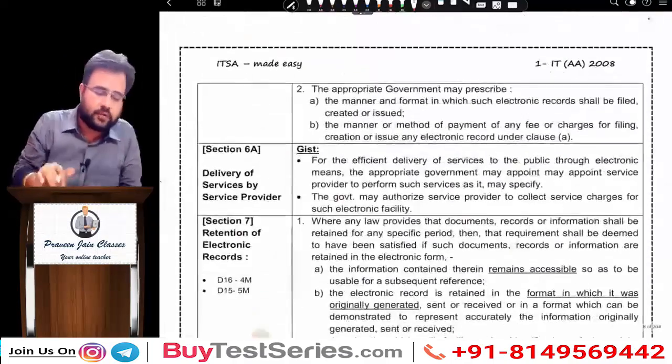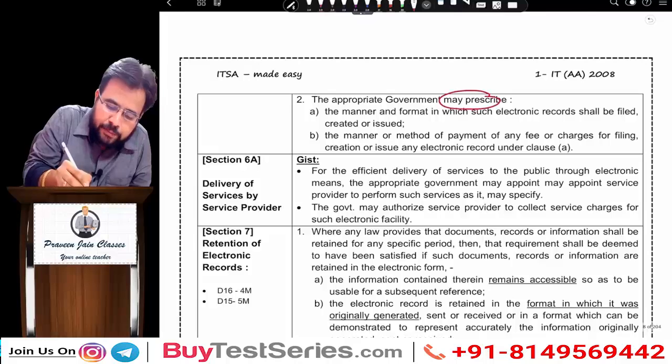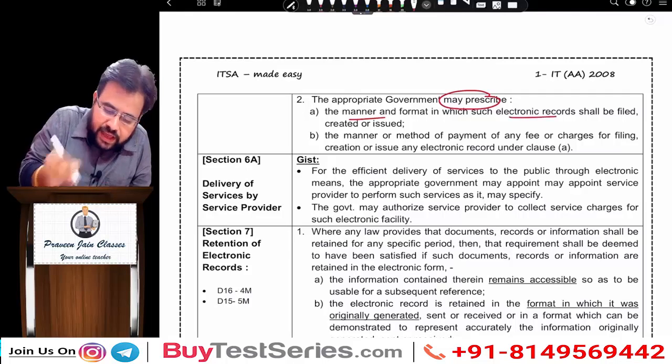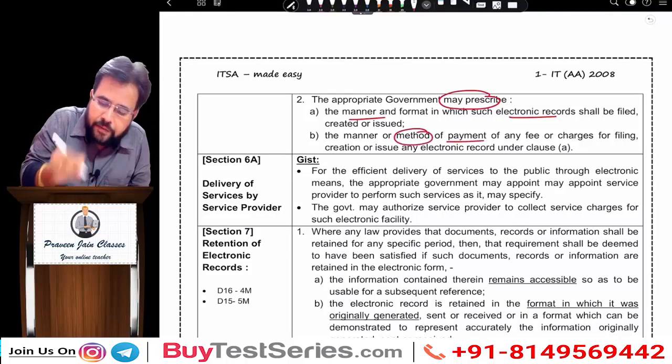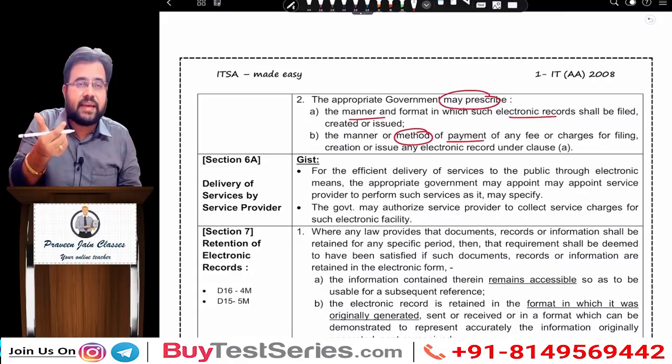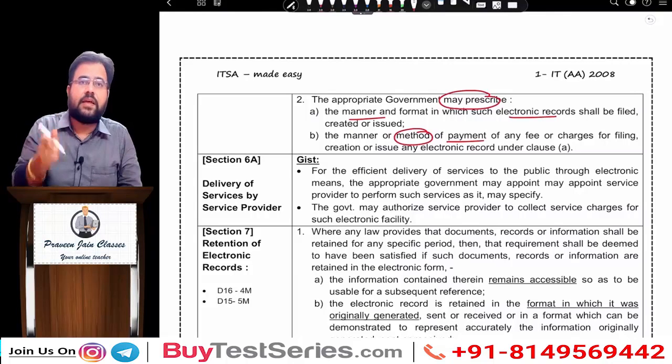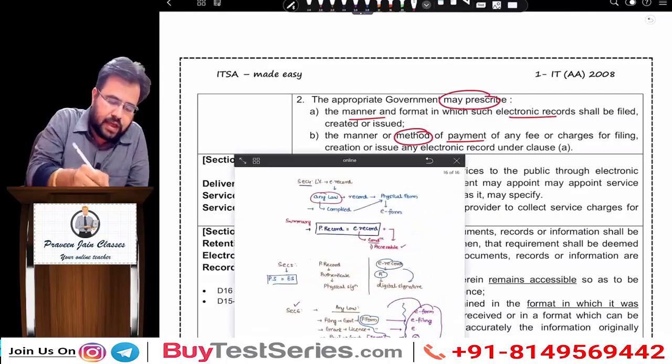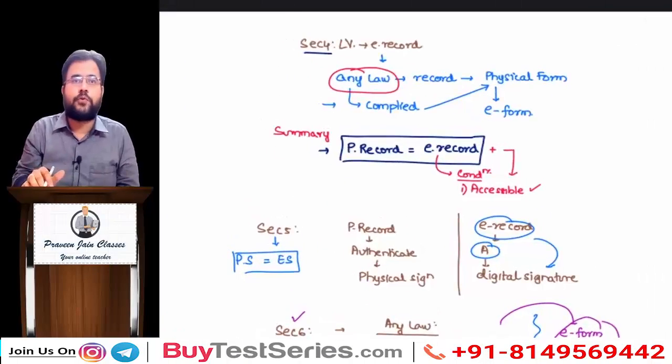Clear? And next you can see, sir, appropriate government will prescribe the manner of filing electronic record and method of payments. So filing कैसे करना, पैसा कैसे देना, who will decide, sir? Appropriate government will decide, sir. I hope you understood, sir.